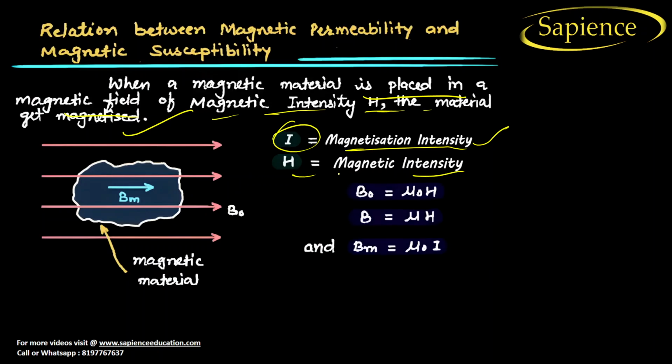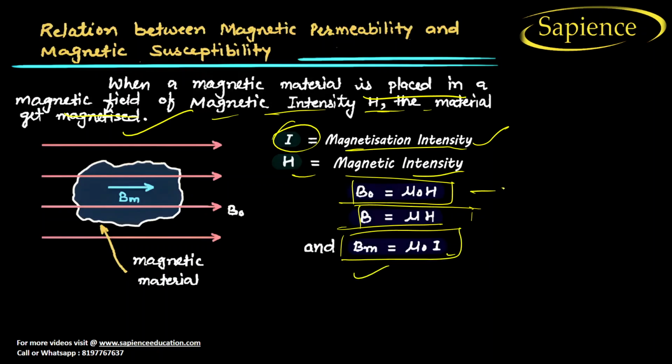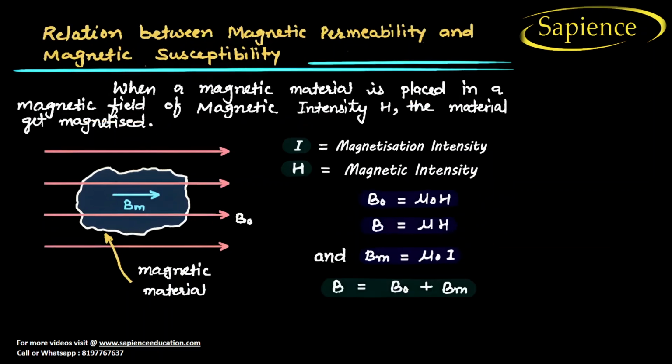We know that B naught is equal to mu naught H, and B is equal to mu H, and Bm is equal to mu naught I. These three relations we have discussed earlier. Now B, the total magnetic field, is equal to B naught plus Bm.